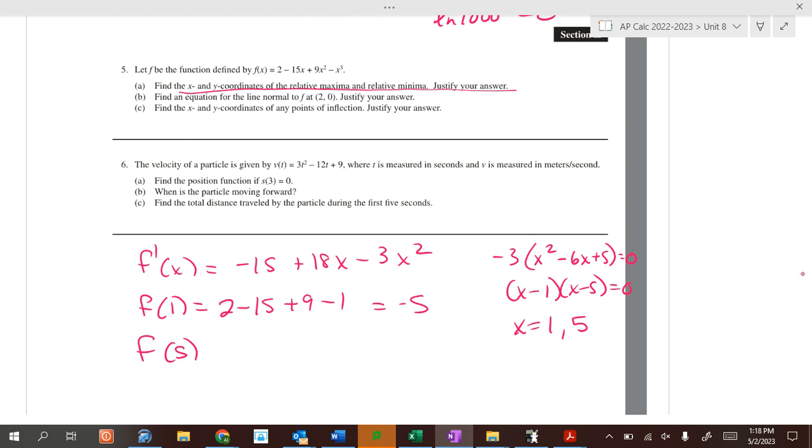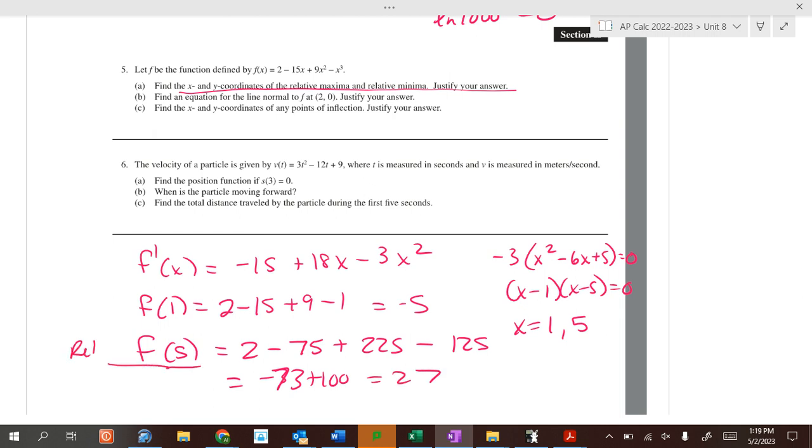F of 5 is 2 minus 75 plus 9 times 25 is 225 minus 5 cubed is 125. So that's 100. And this is negative 73 plus 100 is like 27. So this would be a relative max, and this would be a relative min.